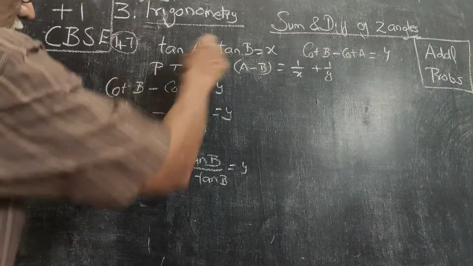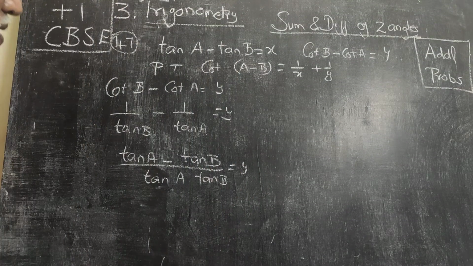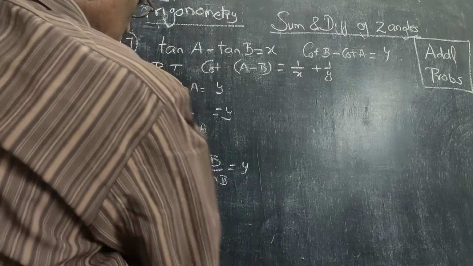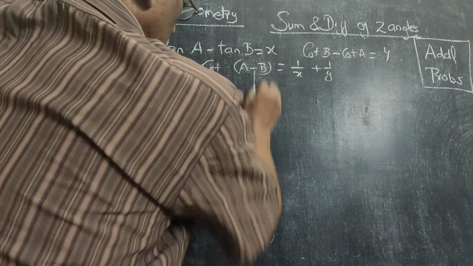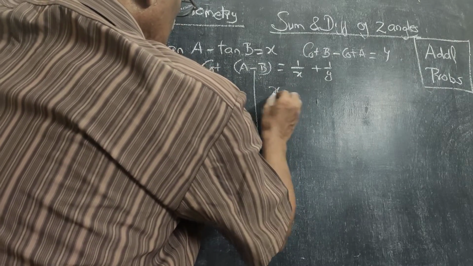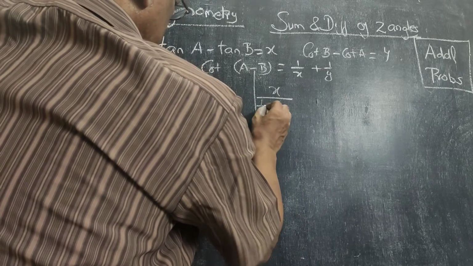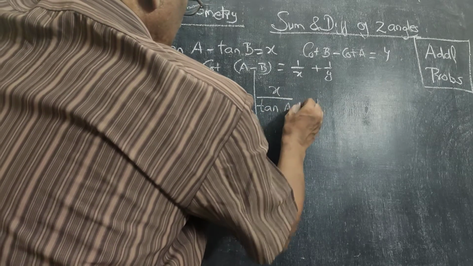But tan A minus tan B is given, equal to x. So I can say that this is x divided by tan A tan B.